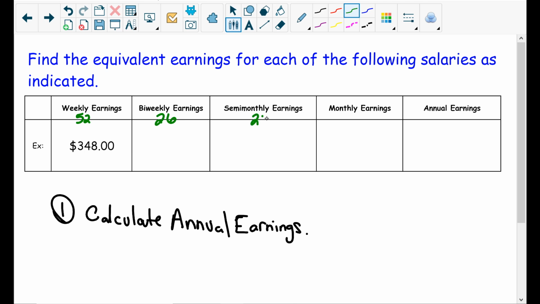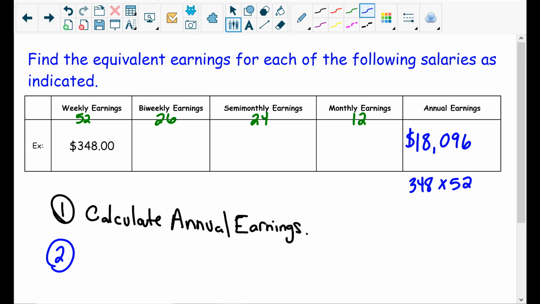Semi-monthly is 24, and monthly is 12. Whatever's given to us, we're just multiplying or dividing. So we're taking the 348 times 52, which is $18,096.